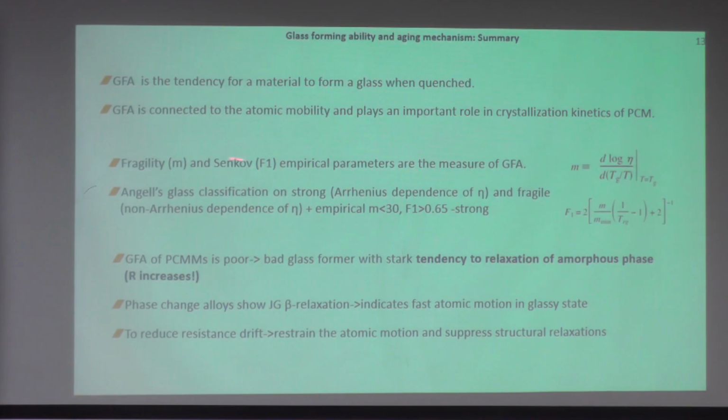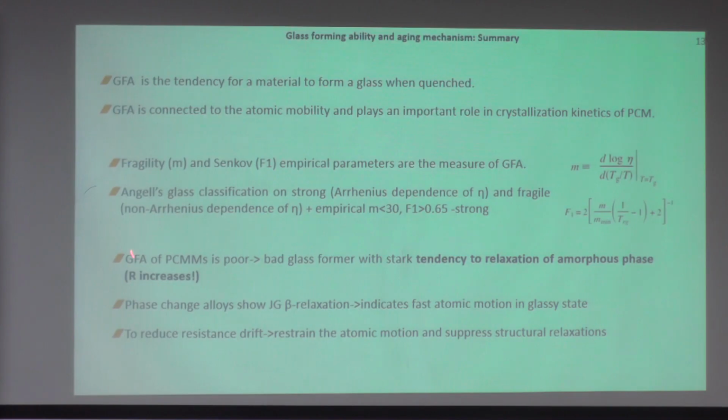The fragility index and the set-off parameter are measures of GFA, glass forming ability. These angles here introduce the classification of glasses into strong and fragile, and by the fragility index you can distinguish between strong glasses and bad glasses.